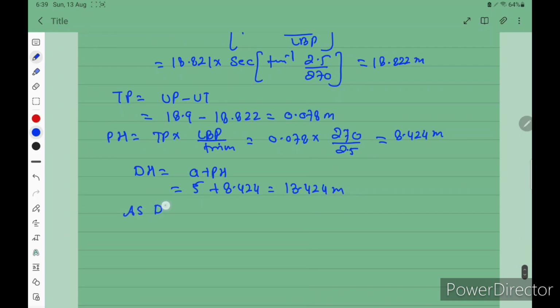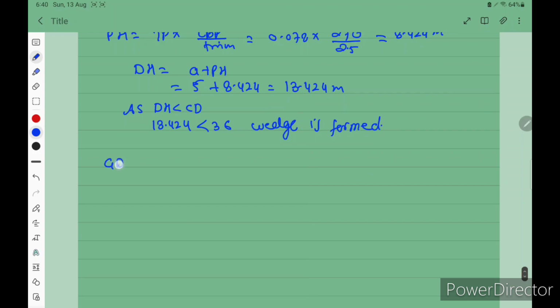So as DH is less than CD, because DH is 13.424 and CD is 36, so it is less than, so wedge is formed. So we have to find the height.